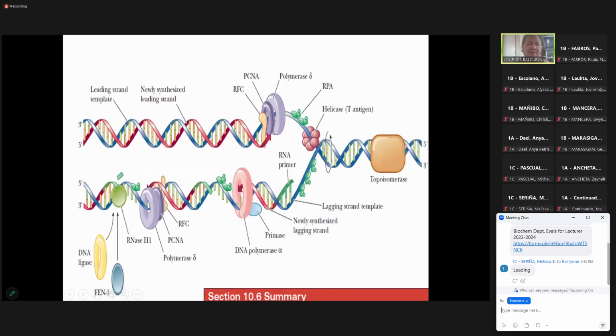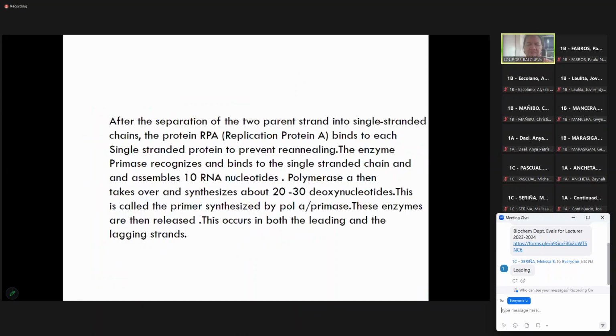Once one Okazaki fragment reaches the last one, once this one reaches this one, then it is ligated, with no break, by your DNA ligase. Any questions here?